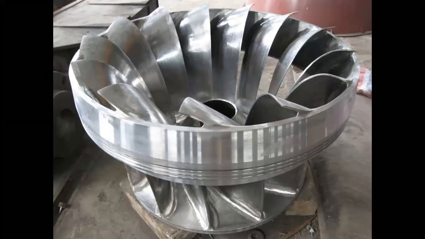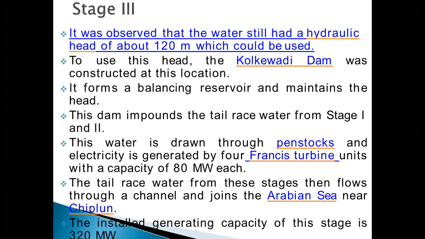These are the curved plates of the turbine, as you can see here. The head, meaning the initial potential energy head, as we call it, is at a height of 120 meter. The various stages continued, and the capacity of this dam was increased step by step. Again 4 Francis turbines of 80 megawatt capacity were installed.